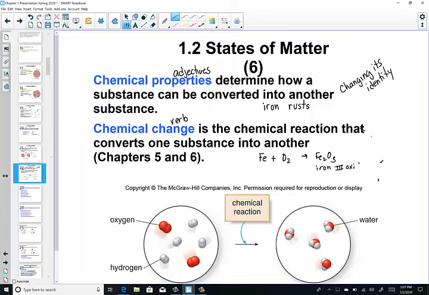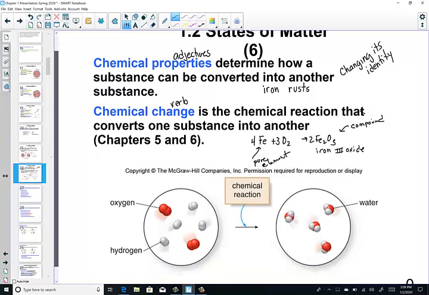And again, this is a skill that we'll learn along our journey this semester, is writing out balanced chemical equations. And so if I can represent a change, how I'm taking a pure metal and turning it into a compound, I've oxidized, and that's an example of a chemical change.